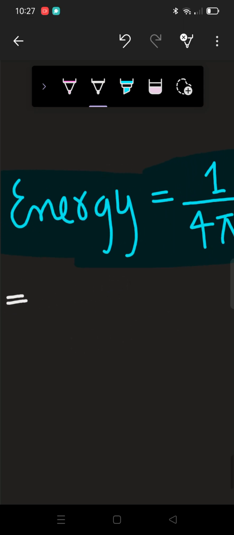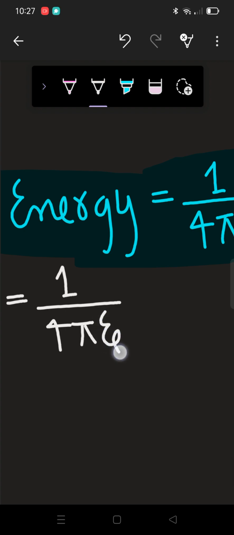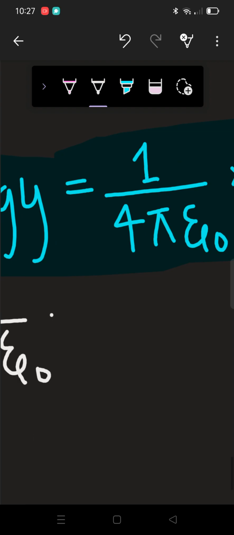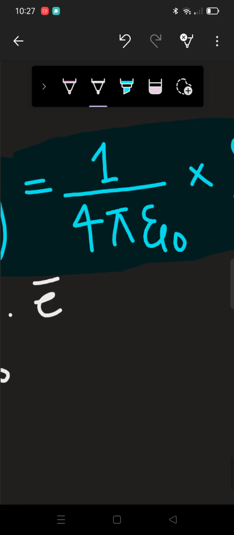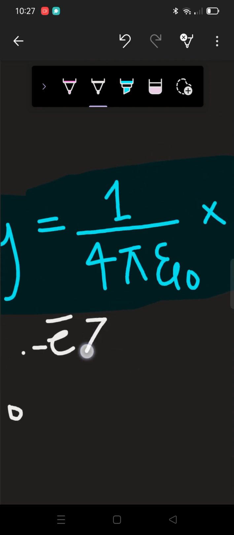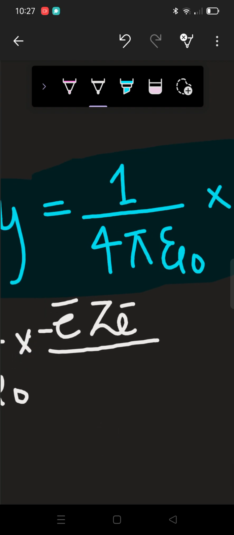PE is equal to 1 by 4 pi epsilon naught into Q1. Q1 is e, and that is negative e, right? And Q2 is the Ze, and that is positive, because we know that in the nucleus we have positive charge, and that charge is equal to the atomic number of that particular atom, upon r, right?